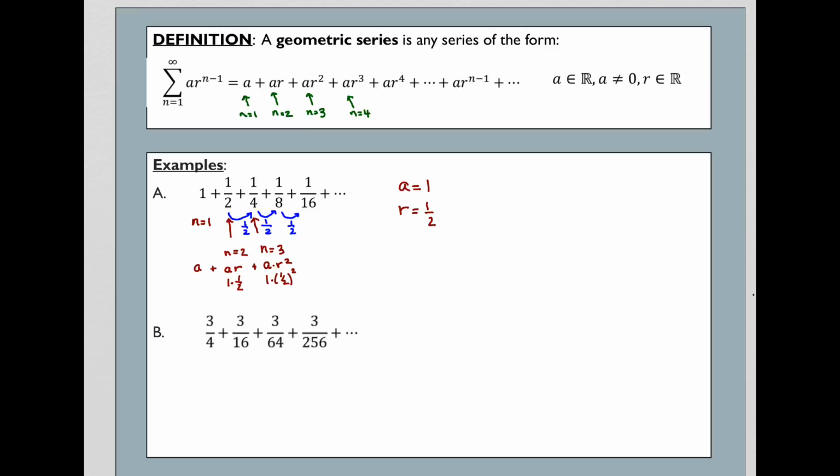This is a geometric series, clearly. So let's write its infinite summation. We could write this as the infinite summation n equals 1 to infinity of a times r to the n minus 1, but let's put my values in: the infinite summation, n equals 1 to infinity, of 1 times 1/2 to the n minus 1.